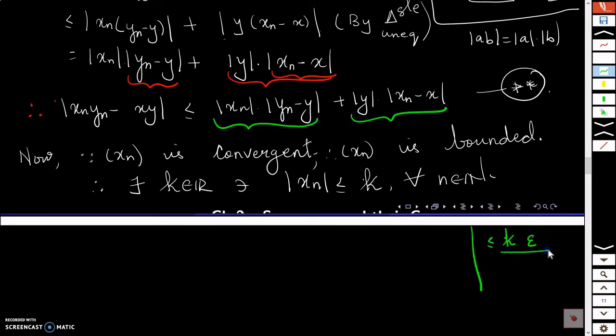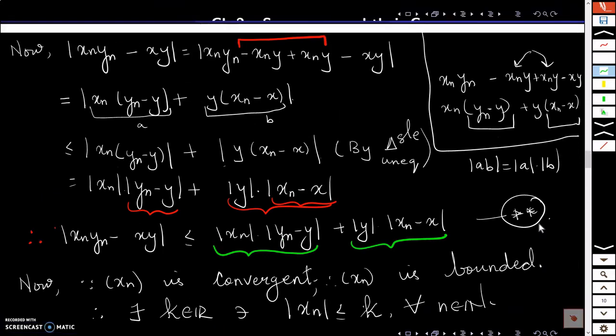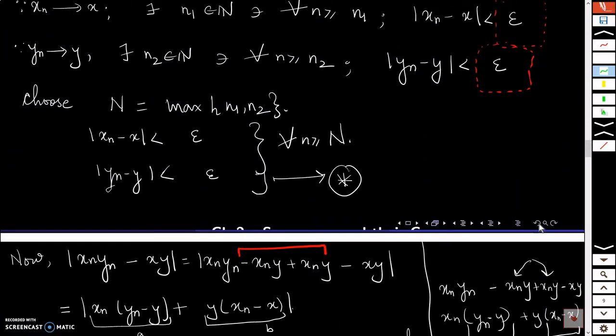So what I'll have to do, I don't want this k, so definitely below epsilon I need a k. K is a natural number, so I'm safe to divide with k, right? And I need epsilon by 2 also, so I can take this quantity to be epsilon by 2k, so that k goes off with k and I'm left with epsilon by 2, right? So what are the changes that we are going to make here?